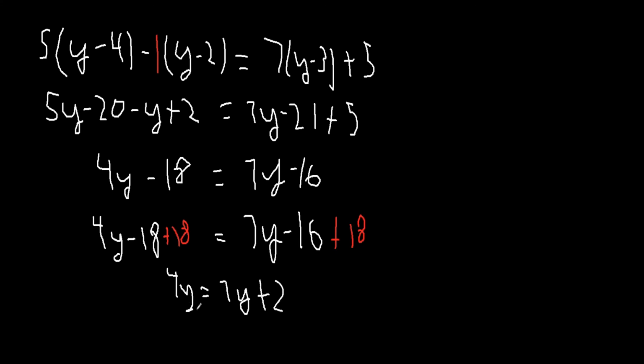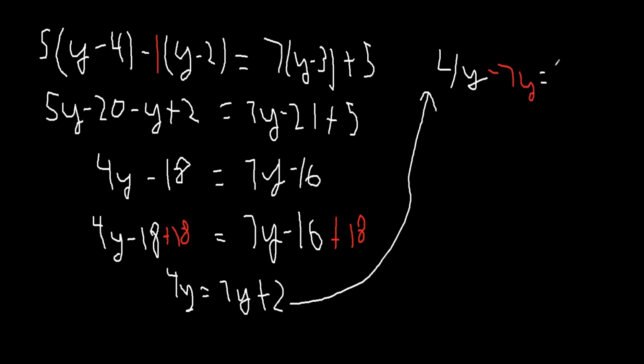And we have our like terms, we have 4y and 7y, so we can move this to our left side, and that gives us 4y minus 7y which equals 7y minus 7y plus 2.